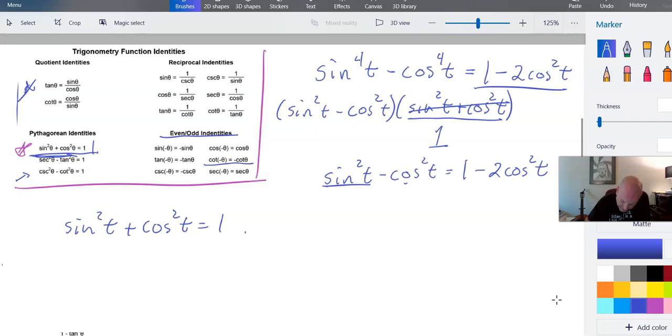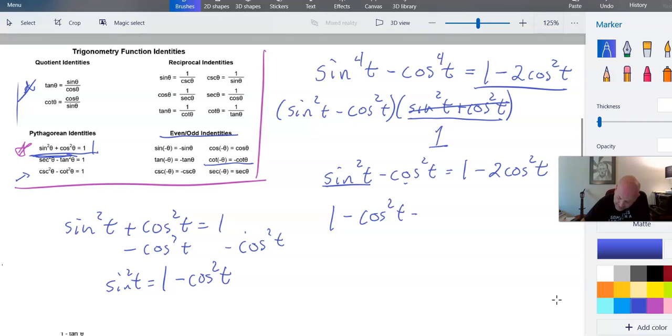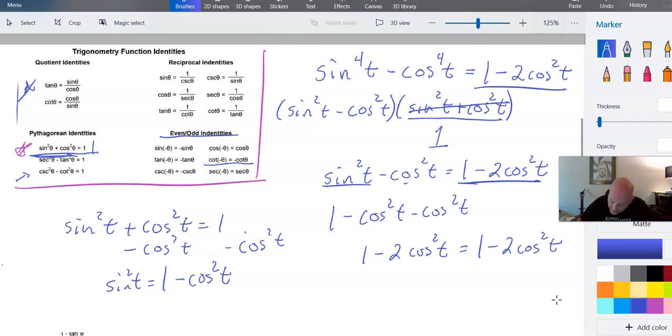Well, if I subtract the cosine over, I get that sine squared t is 1 minus cosine squared t. Right? So that means I can put that in. So now this is 1 minus cosine squared t minus cosine squared t. And if I combine those, I get 1 minus 2 cosine squared t. Well, wait a second. That's my right-hand side. Right? So now I have a full identity here.